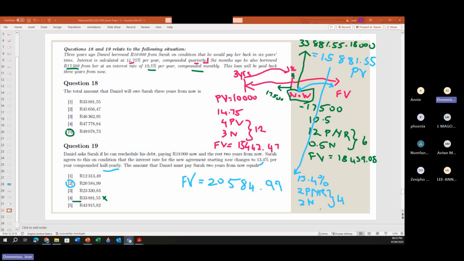The interest rate is changed, the times per year is changed, so what is the payment that's due in 2 years from now? Okay, so again, quite a lot of work that one needs to do with it.